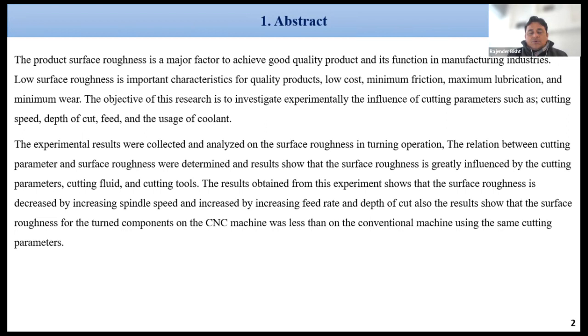I also worked on the effect of the CNC turning machine versus the conventional turning machine on the surface roughness, and also the effect of coolant on the surface roughness of the product.